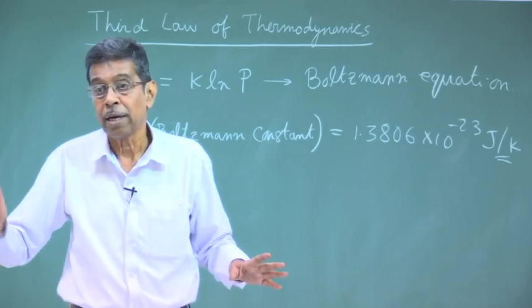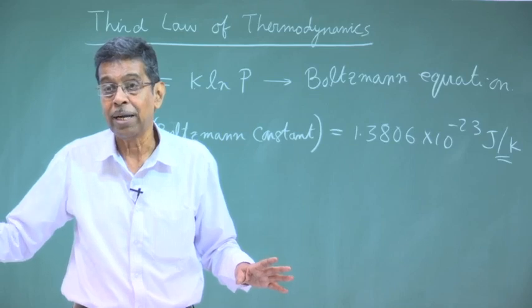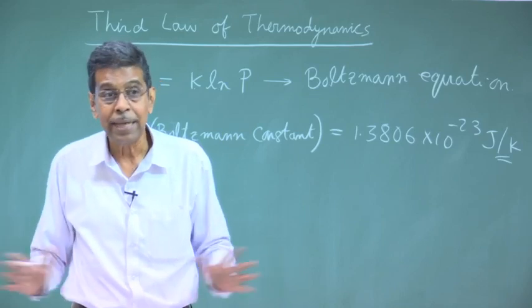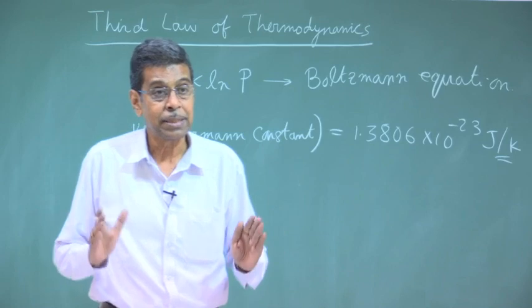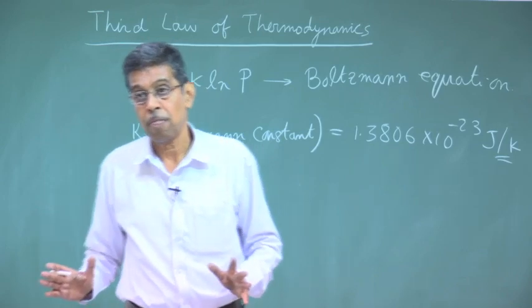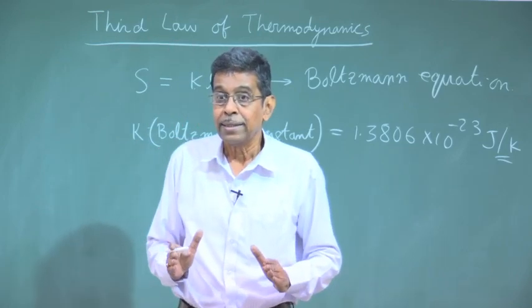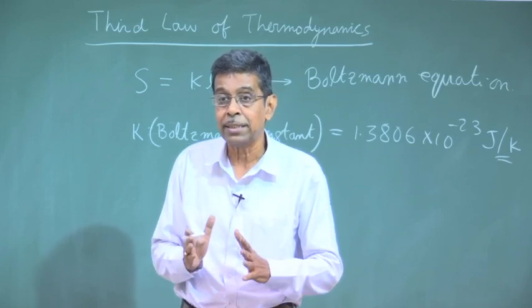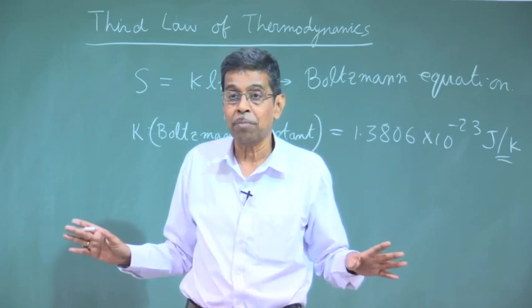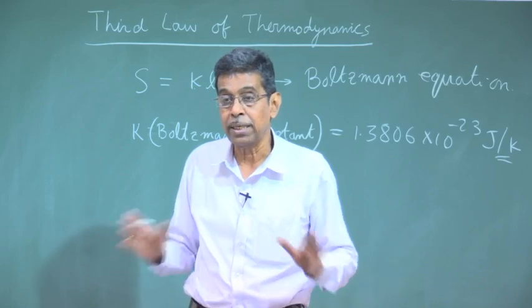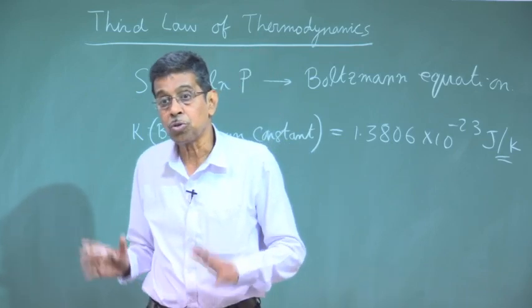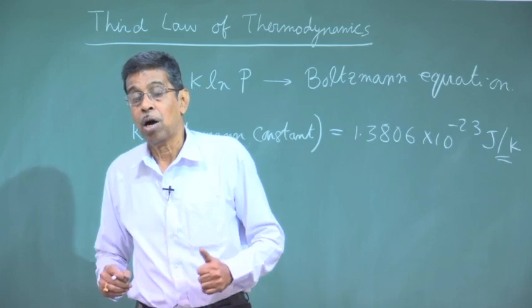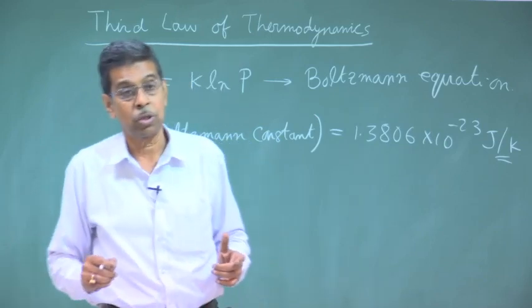Cooling becomes gradually difficult, so that you can never achieve 0 K, and this has been established from several experiments. Therefore, the statement that absolute 0 can never be achieved in any finite number of processes executed by any system is another way of defining the third law of thermodynamics.